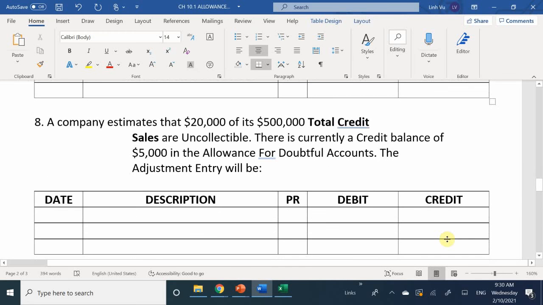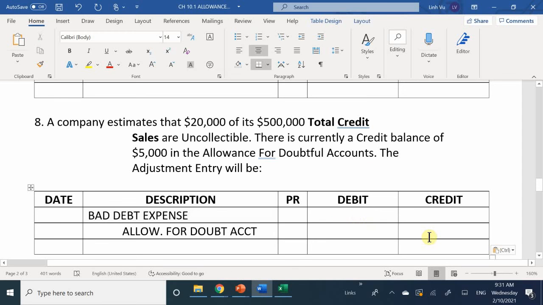All right. Next scenario: a company estimates that 20,000 of its $500,000 total credit sales is uncollectible, and there's currently a credit balance of $5,000 in the allowance for doubtful accounts. Journalize this entry. Okay.